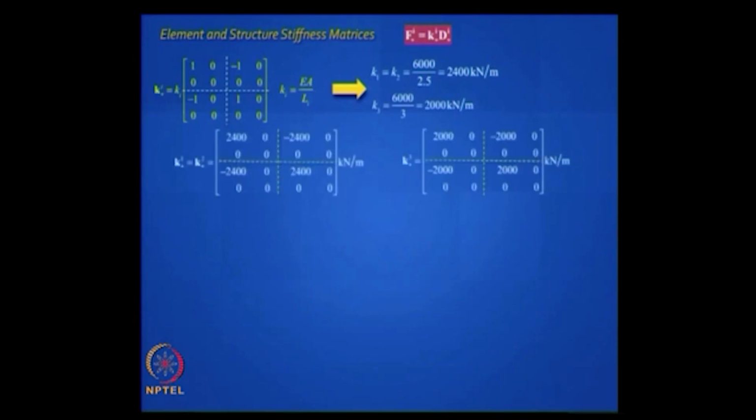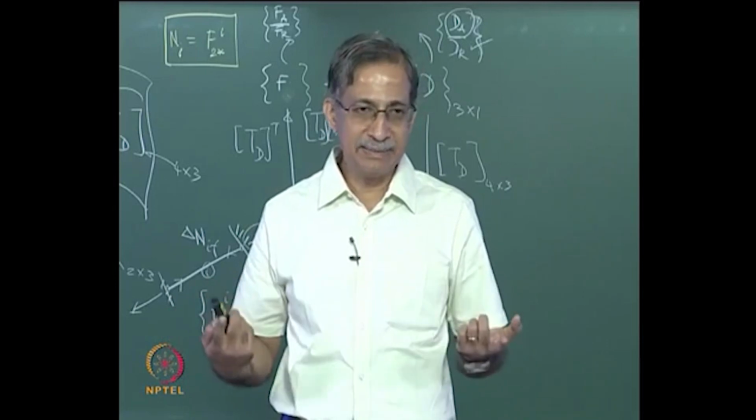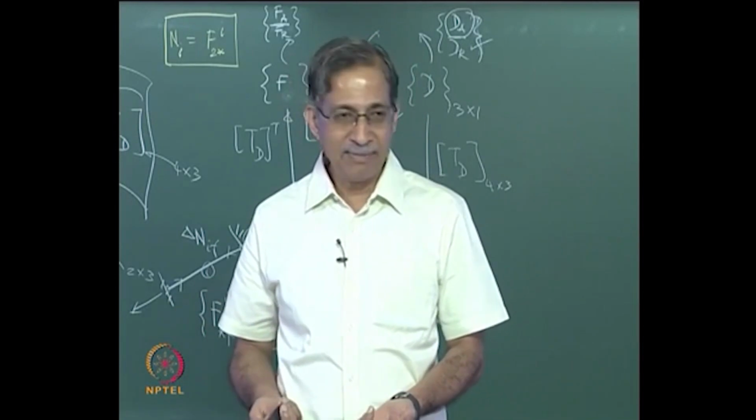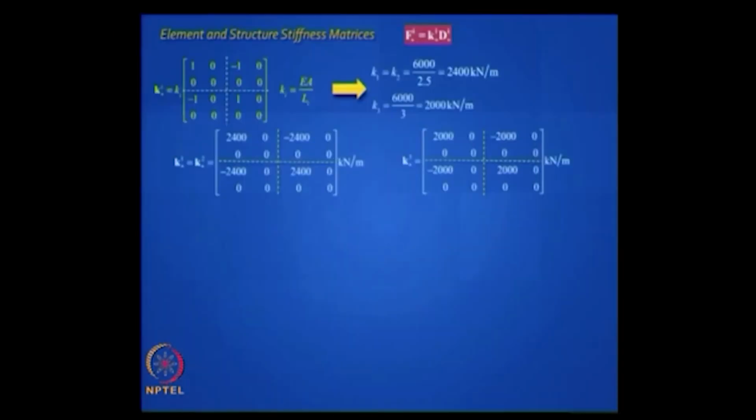Now you can generate K1 star, and K2 star will be identical because they are symmetric and identical. K3 star will be different because the EA by L value is different. You got them. Now what do you do? Now you have to do the slotting business. Can you do it? Yes, we went through this exercise.